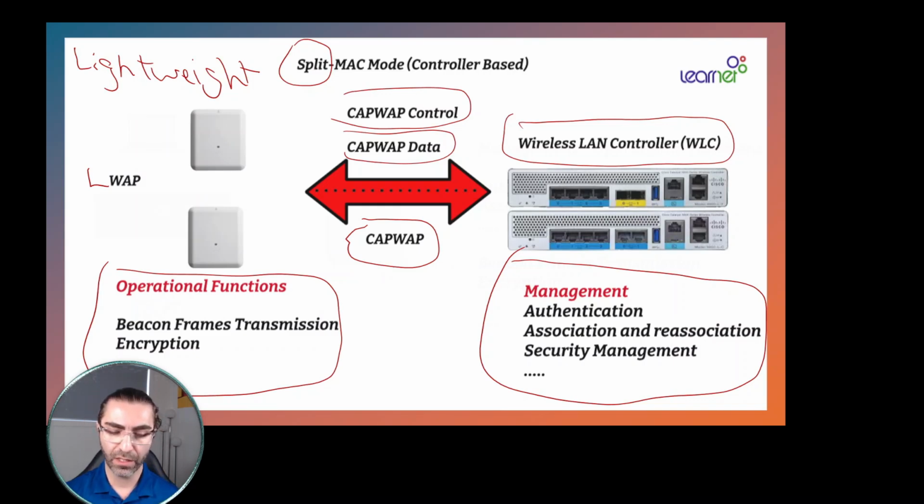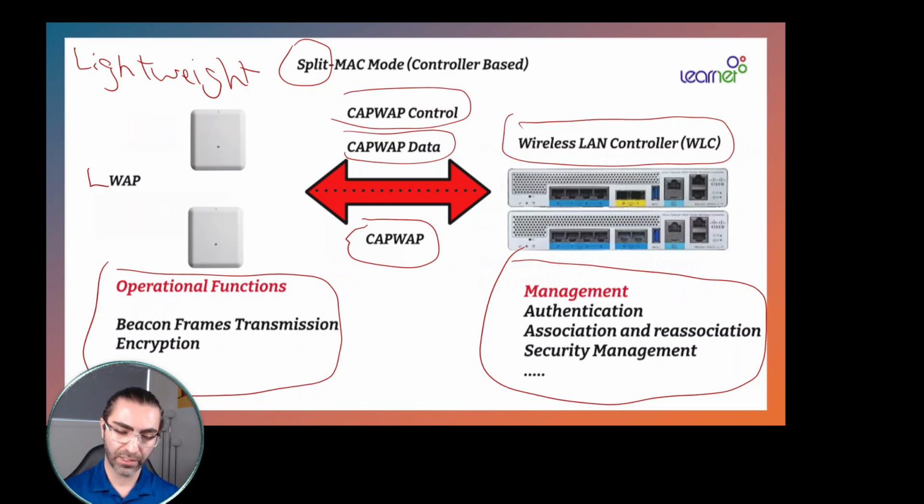CAPWAP is a tunnel between the wireless LAN controller and the LWAP, and within that tunnel, the controller controls and provisions the wireless access point, and the wireless data is also transferred through that CAPWAP tunnel. This CAPWAP tunnel provides a very good thing for you in the network.